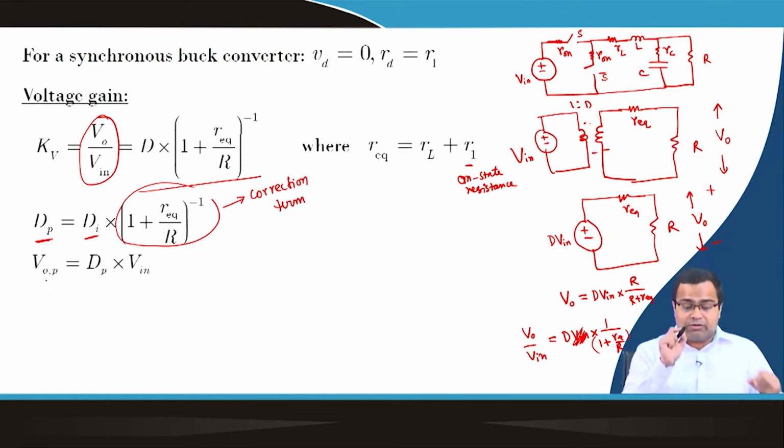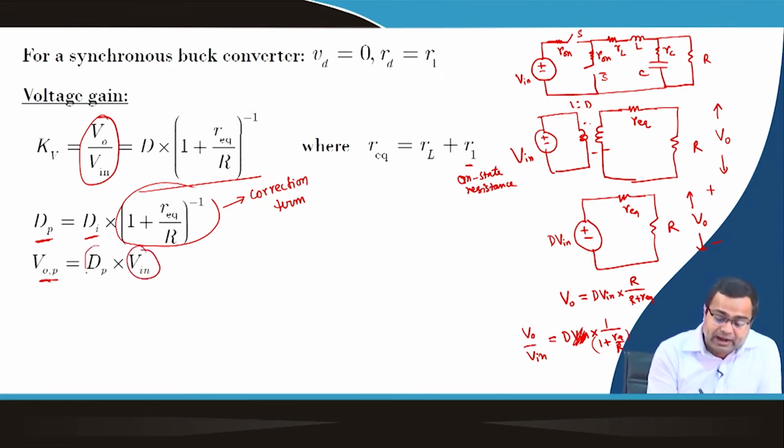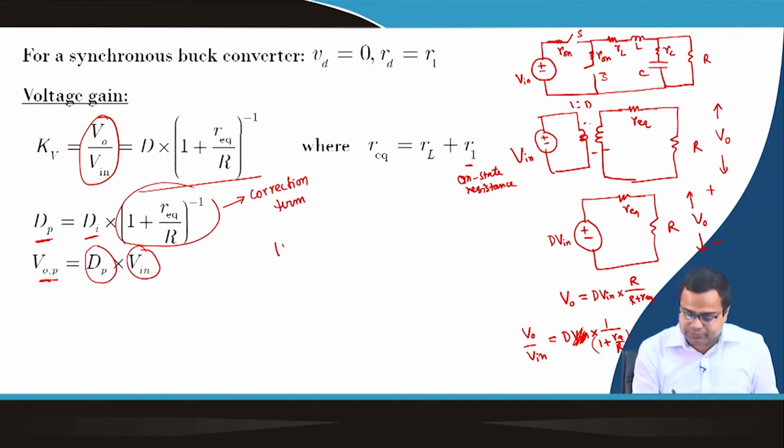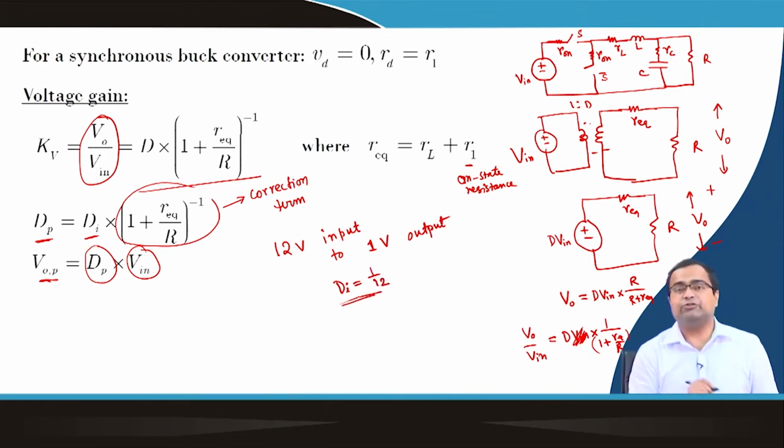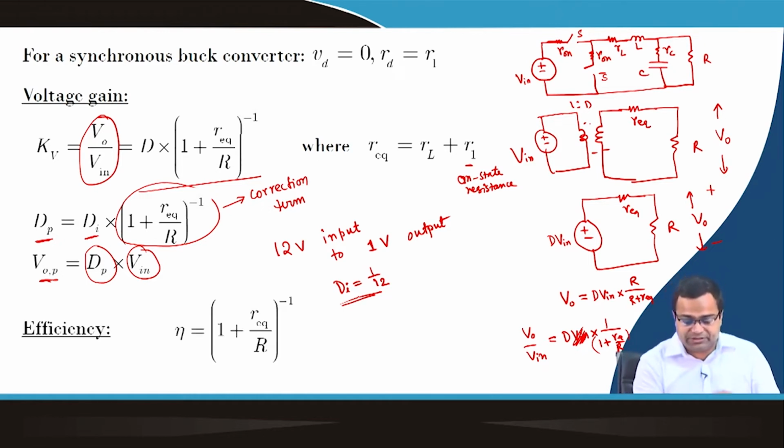So, what we can expect is that the practical output voltage will be input voltage into the practical duty ratio. Suppose I want to achieve 12 volt input to 1 volt output. For the ideal case, I set 1 by 12 as the duty ratio, and for an ideal converter you will get 1 volt output, but practically you will never get it, particularly when the load current changes. And the efficiency of this converter is simply the correction factor.